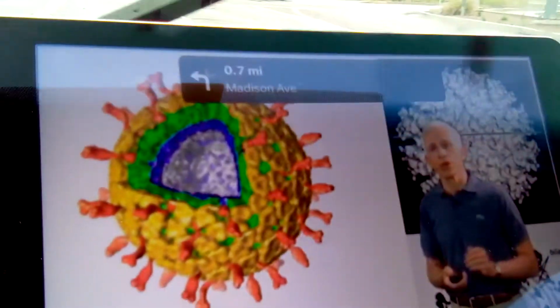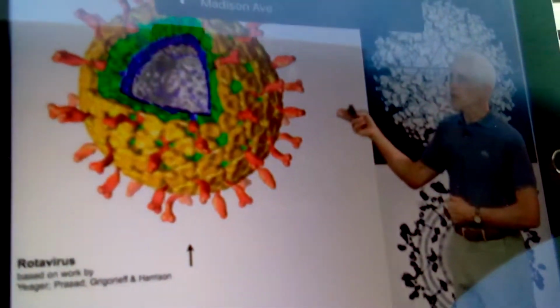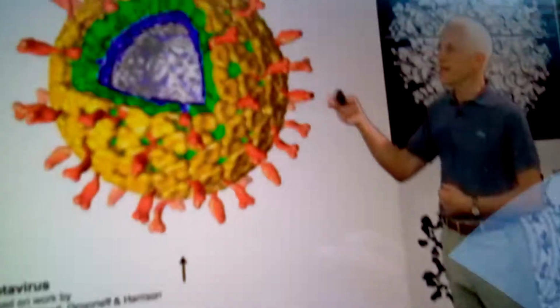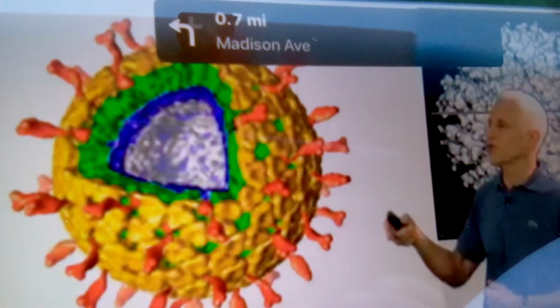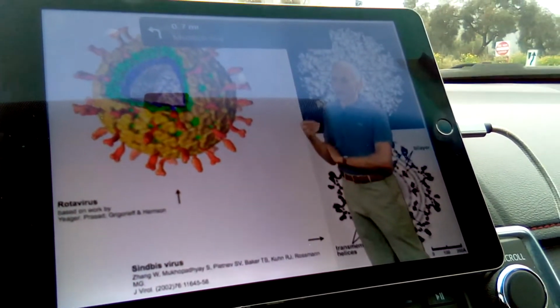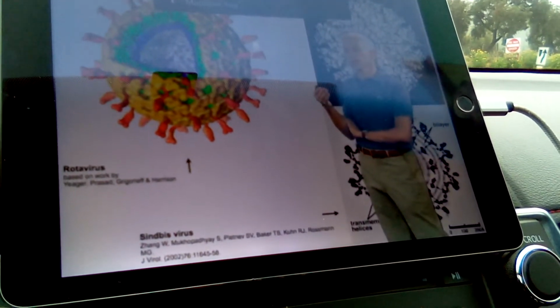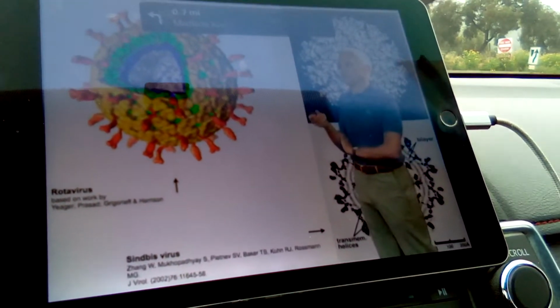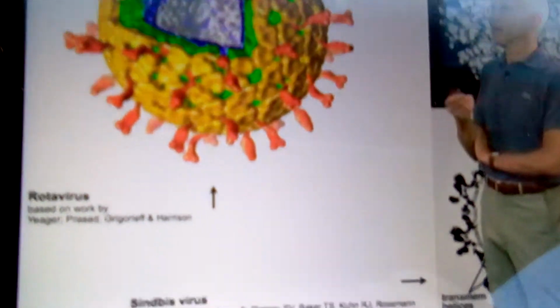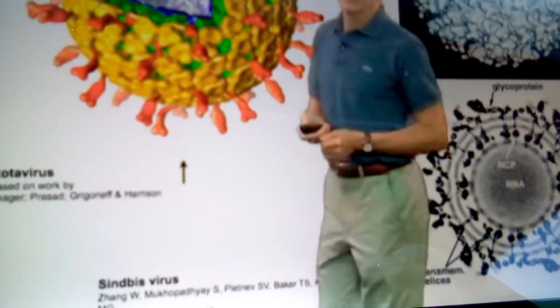Now, just as quick examples, on the right is an example of a non-enveloped virus particle, a rotavirus particle. This image is based on reconstructions from many electron micrographs, and we'll go into some of the details of that in the 3rd lecture.